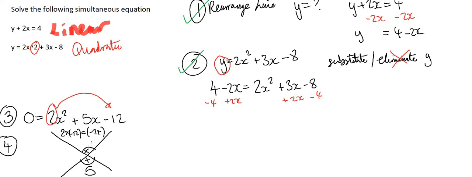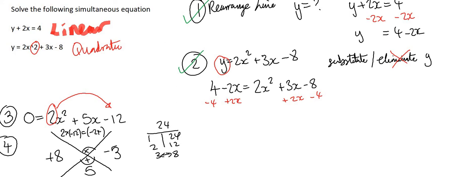You can use the magic T if you want to. We're basically looking for factors of 24. Well, I've got 1 and 24, nope. 2 and 12, nope. 3 and 8, and the difference between those is 5. So that means I'm going to have plus 8 and negative 3.